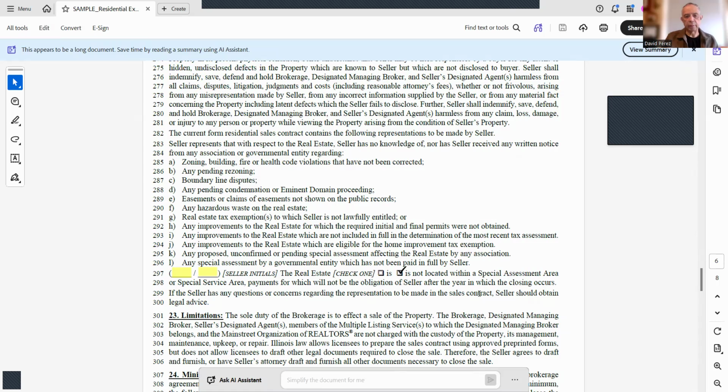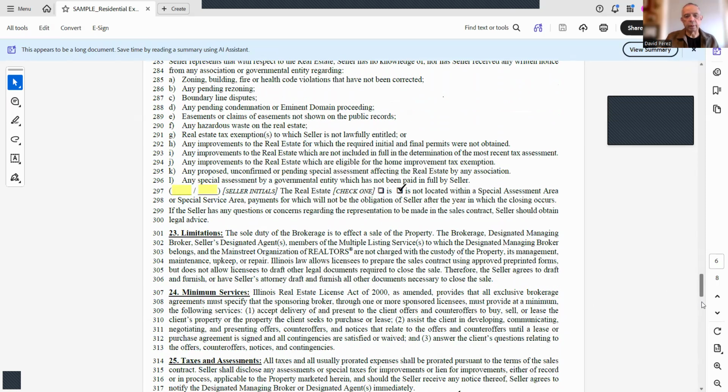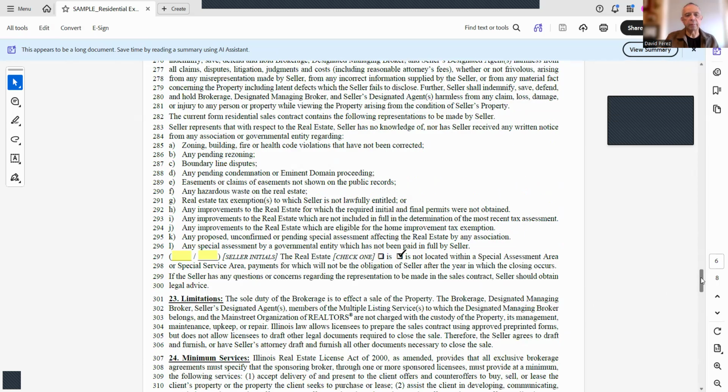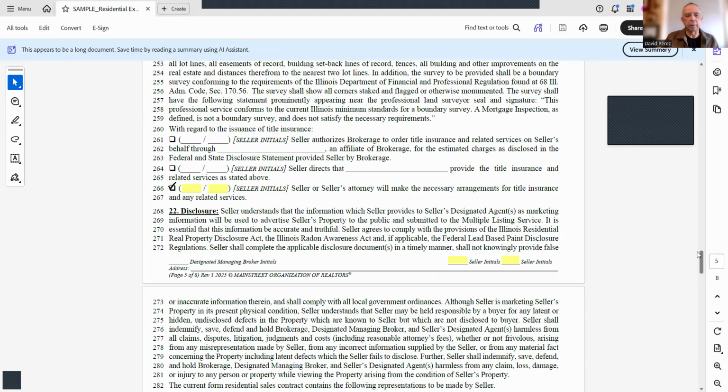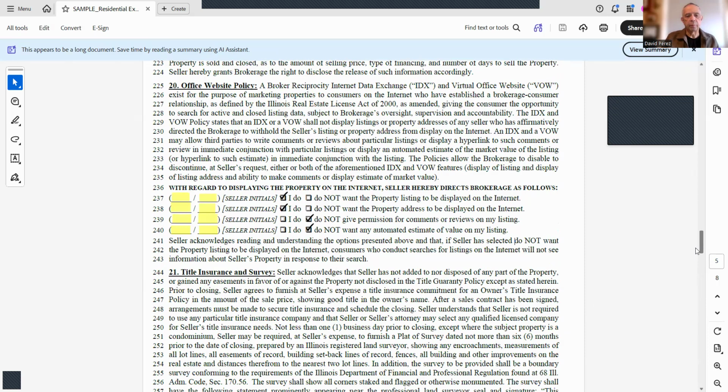And you need to let them know that this is not located in a special assessment area, and you initial there. We're moving right along. We're talking again, special assessments. I think this is for, let me see if I missed something here.